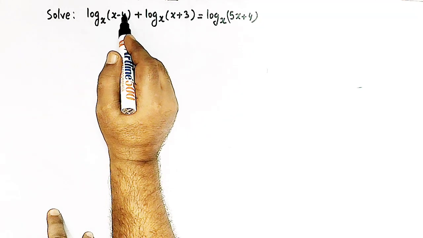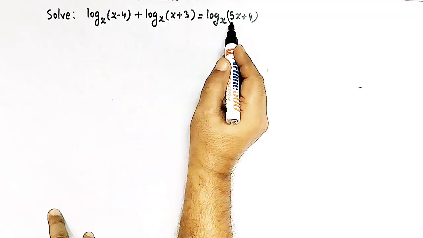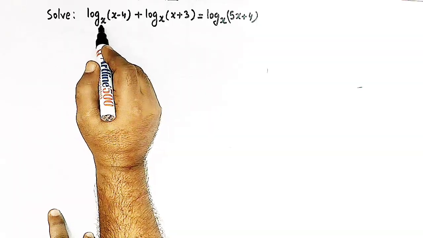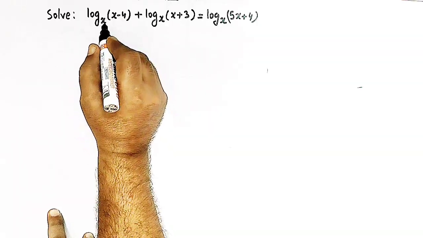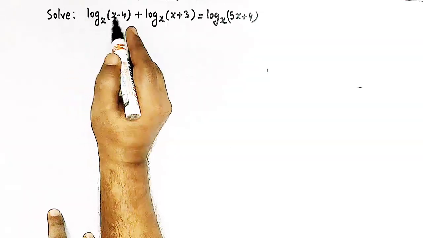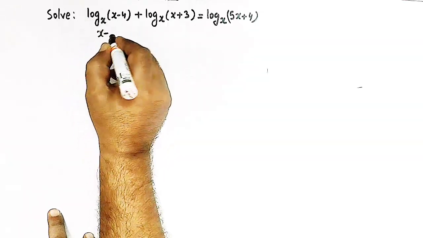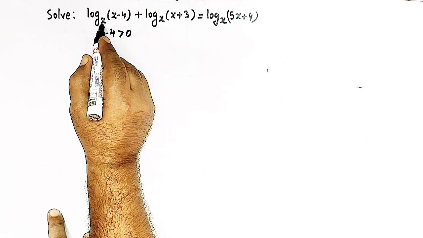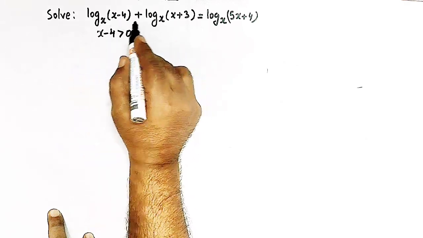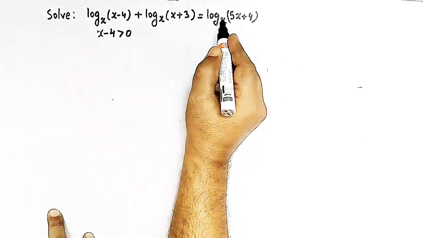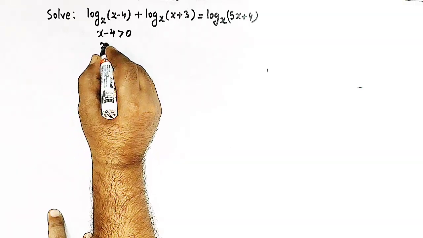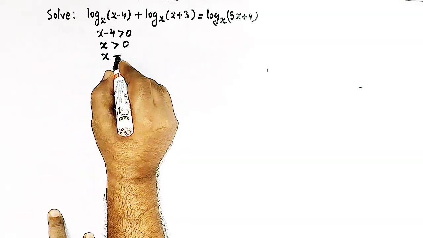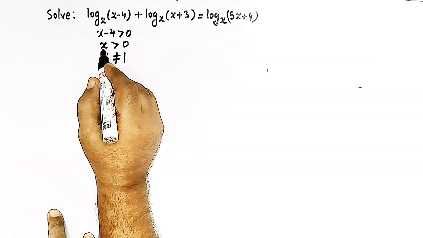So let us first define the domain of these three terms. So here we have logarithm of x minus 4 to the base x, right? So here this term is defined when we have x minus 4 is greater than 0, and this base x which appears in all these three terms, this x should be greater than 0 and x cannot be equal to 1, right?